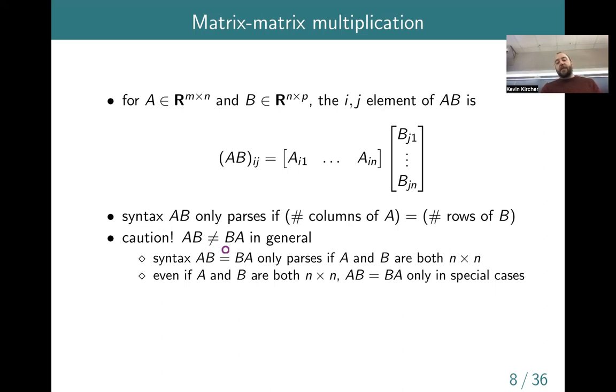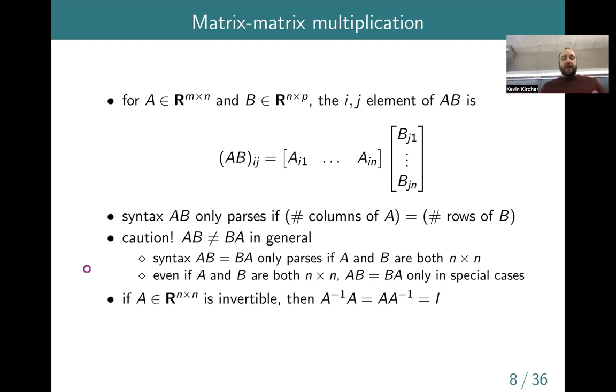First of all, AB equals BA only parses if A and B are both square and the same size, so both n by n for some n. Even then, if they're both square of the same size, we only get AB equal to BA in some very special cases. That's called A and B commuting. There are some theorems about when that happens, and it's usually not the case. So be careful with that.